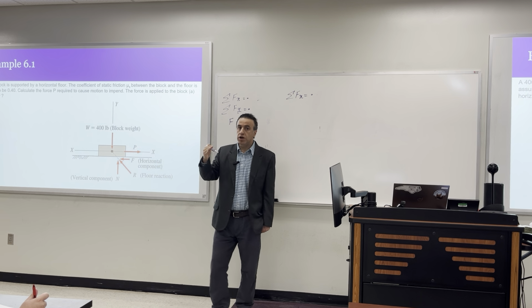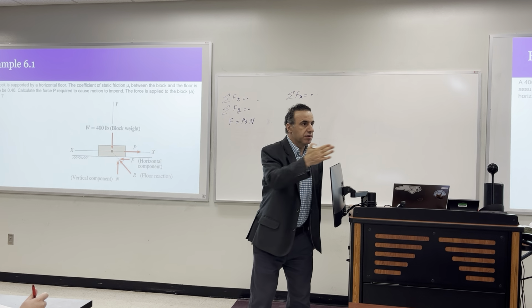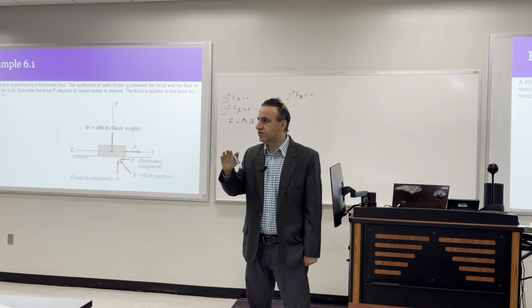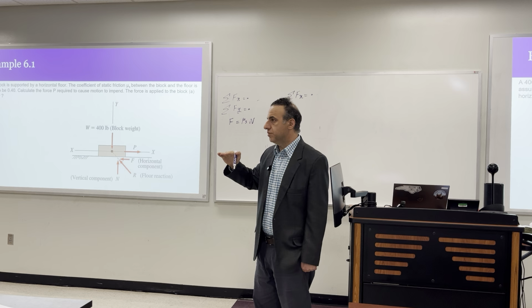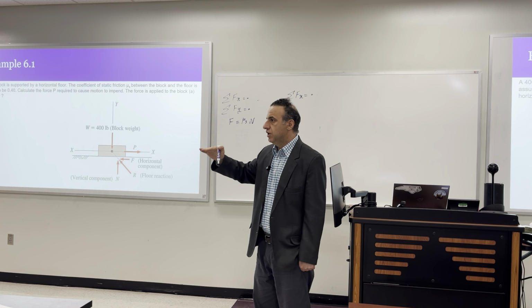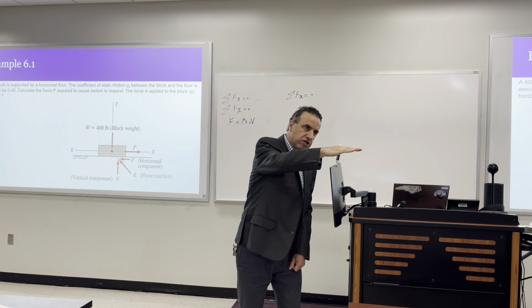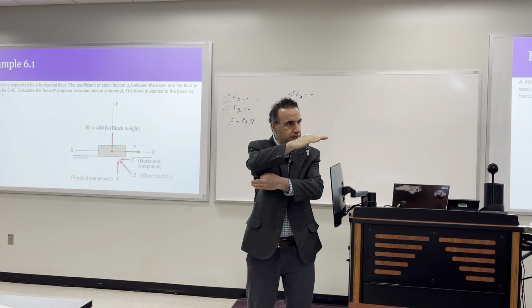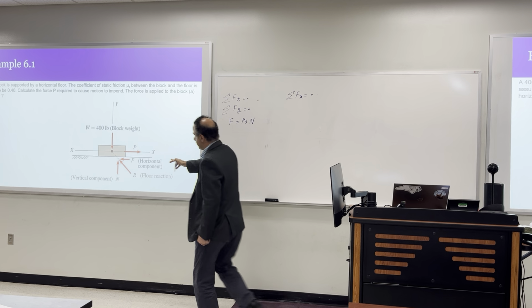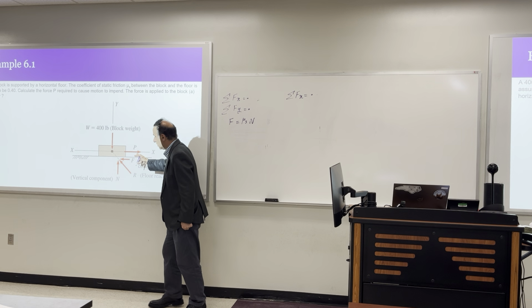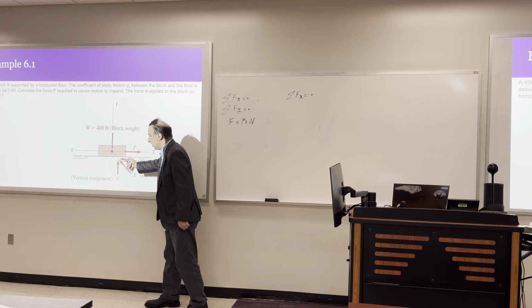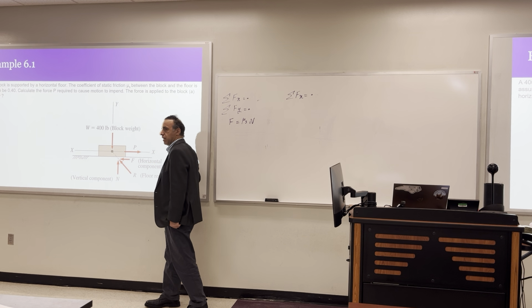So if you're going to move the part in the positive X, friction resistance is always going to be against movement. If your part is going to go this direction, the friction is going to be against it. So that's why F, the friction resistance, is in the opposite direction. You cannot have P in this direction and friction resistance also in this direction.